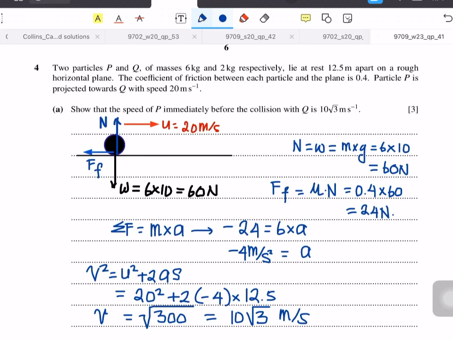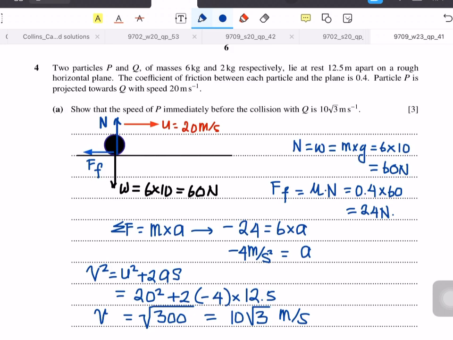We are going to use Newton's second law to find the acceleration. So the net force is equal to m times a. Negative 24 is equal to 6 times a. The negative sign here because the friction force opposes the direction of the motion. So the acceleration is negative 4 meters per second squared.